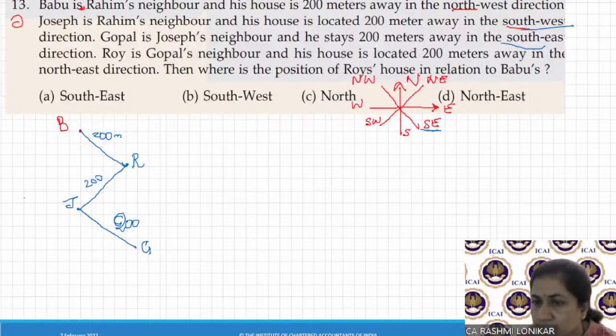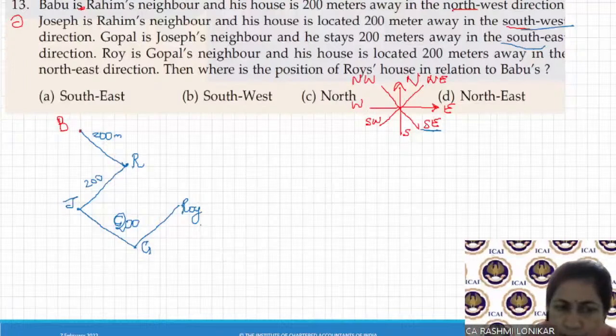Now we are saying that Roy is Gopal's neighbor and his house is located 200 meters away in the northeast direction. In the northeast direction of Gopal, we have Roy. Okay.